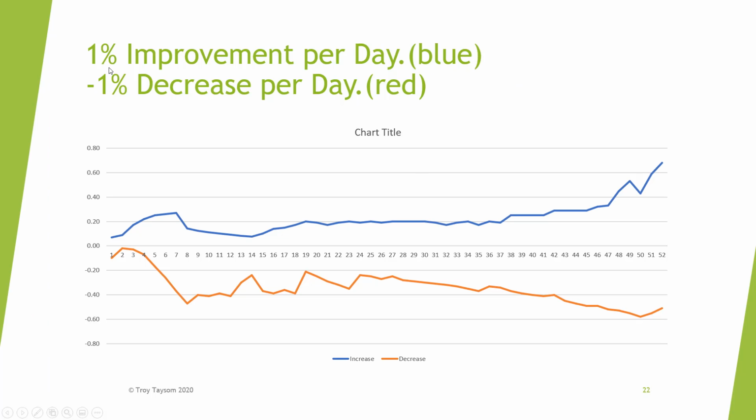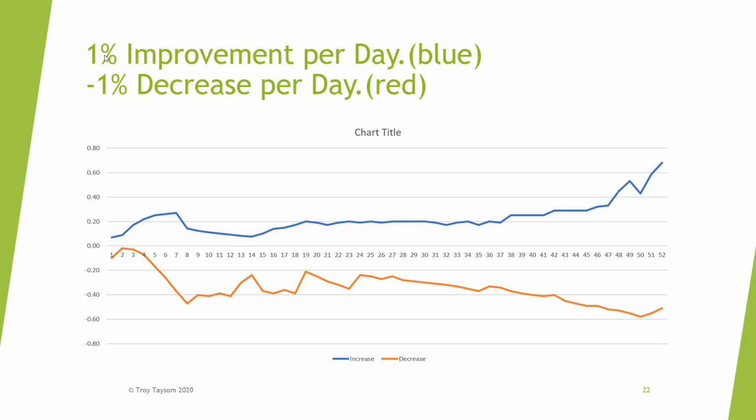All right. So here you go. Blue line and orange line. If you improve anything, and in this context, let's talk about improving our knowledge of network security and network management.